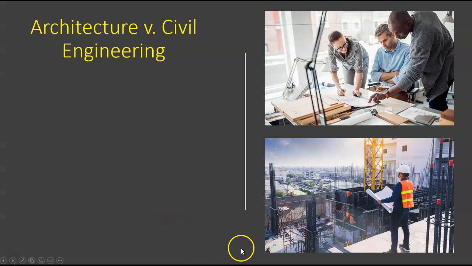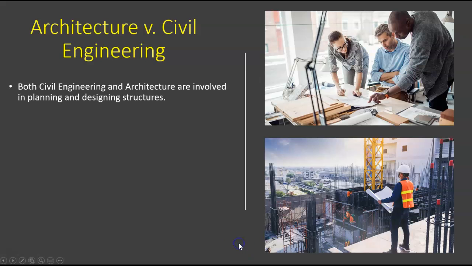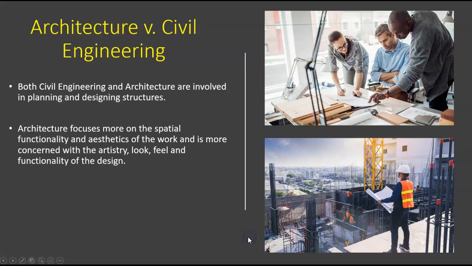So a good distinction to make first is the difference between architecture and civil engineering, which are similar, but there are some critical differences. Both civil engineering and architecture are involved in planning and designing structures.